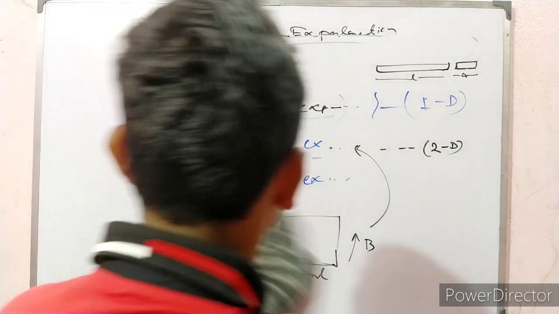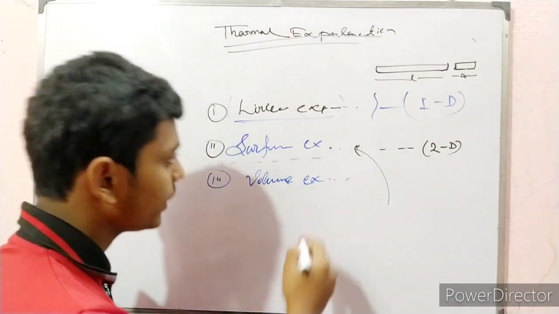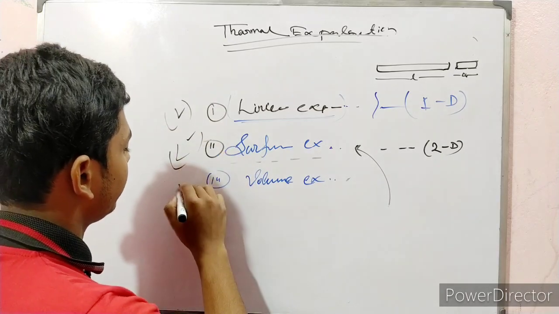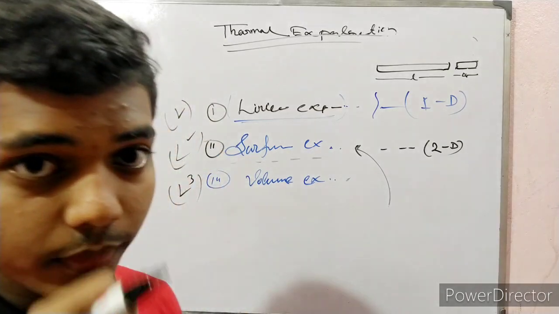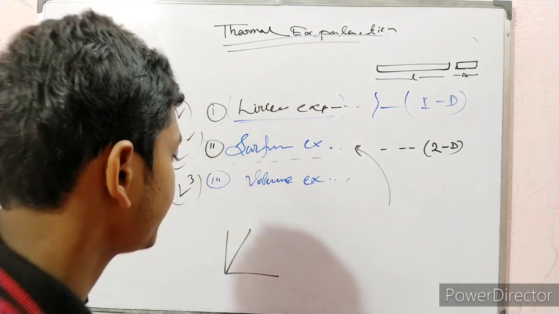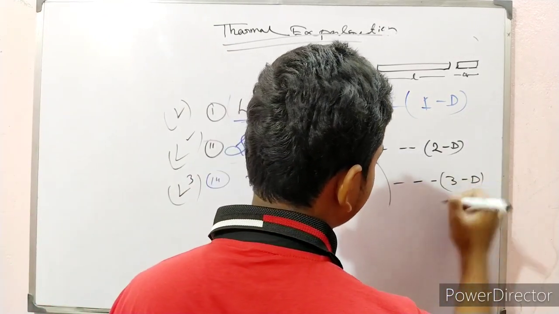Now we're going to see volume expansion. Volume means L cube. Volume means length into breadth into height, that is 3D. So I will write here 3D.